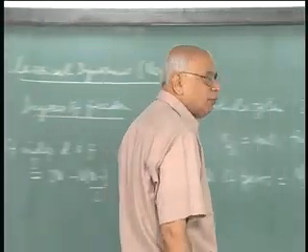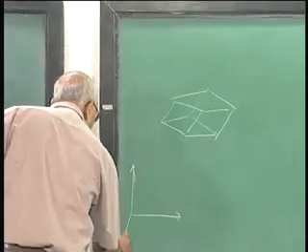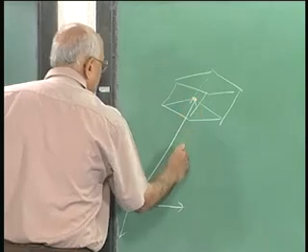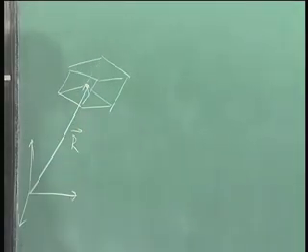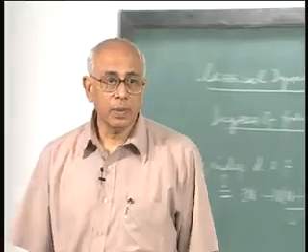With respect to some fixed coordinate system, the center of mass is at some point with position vector r, and it has 3 coordinates associated with it, and that takes care of 3 degrees of freedom.